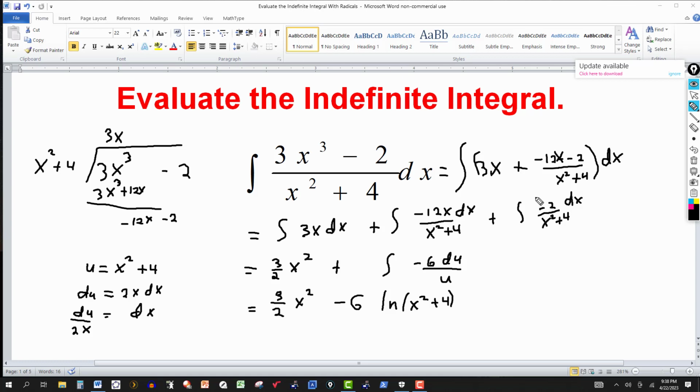And then on the last one here, I can just factor out the -2 if I want, just so that you can see this. Put the -2 out here and make that a 1 there. Bring it down to the next step, -2, and then I have the integral of 1 over x squared plus 4. You can look at that as u squared plus a squared. That's one of the general formulas. I think I derived that one in the last video.